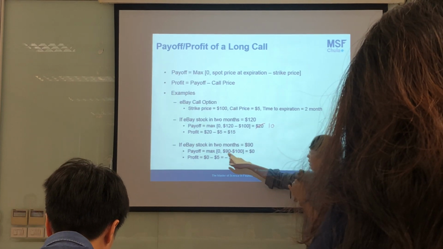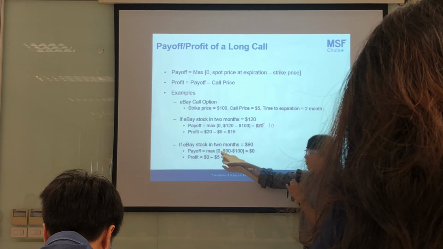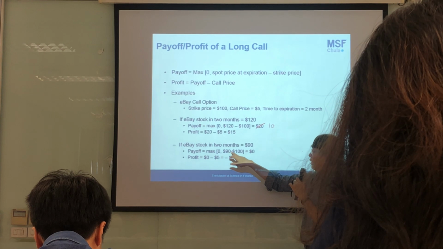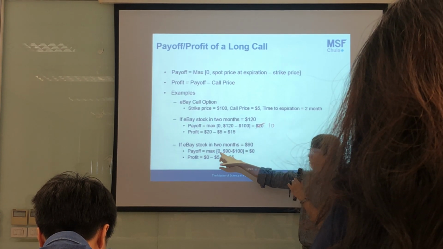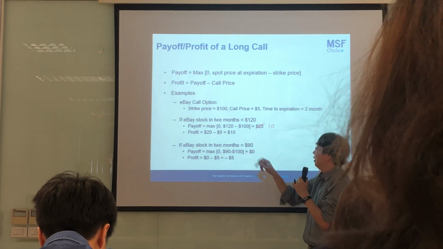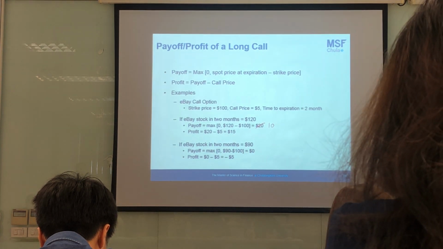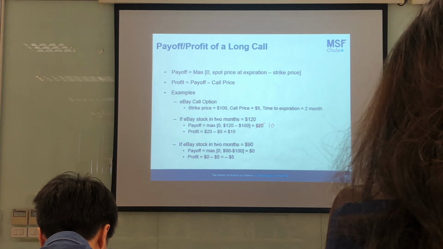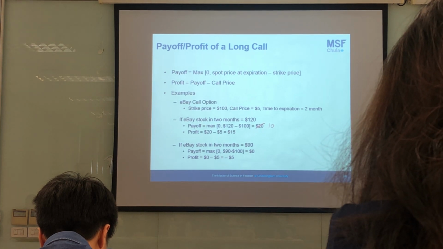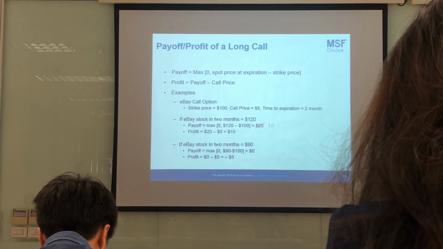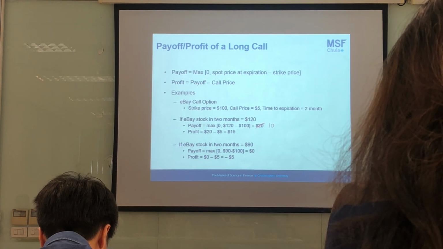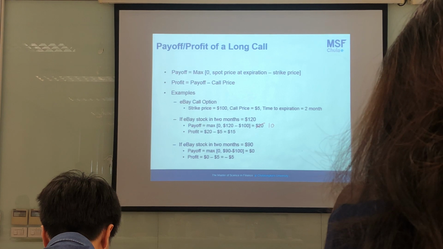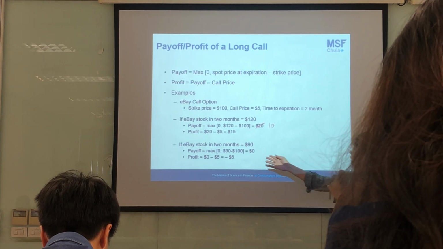Basically, you take the maximum value between these two numbers, which is 0. 90 minus 100 is minus 10, so between 0 and minus 10, 0 is the maximum value. So the value should be equal to 0. The rationale is that we have the option but it has no value, so we just throw it away.